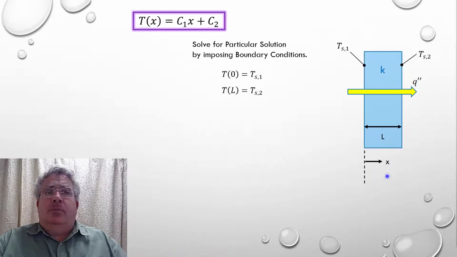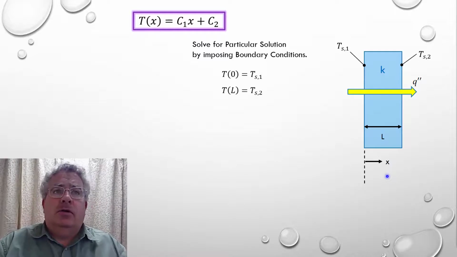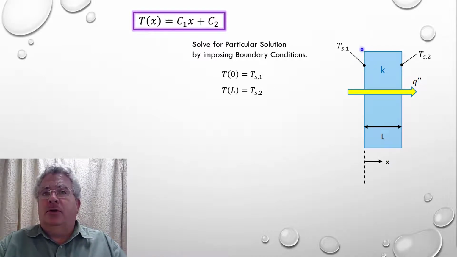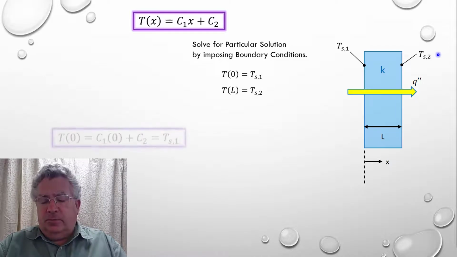What we then do is establish some boundary conditions. If we want a particular solution to this second order boundary value problem, we need to impose boundary conditions. In this case, we will use constant temperature boundary conditions. At x equaling 0, the temperature of the surface is Ts1, and at x equaling L, the temperature of the surface is Ts2.